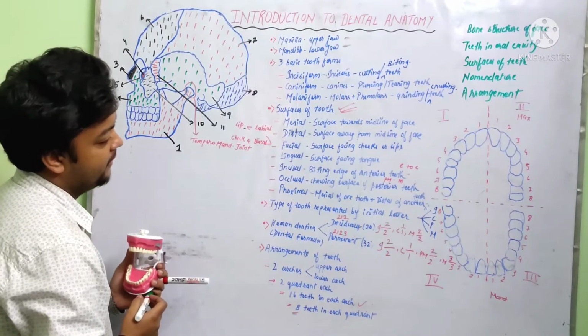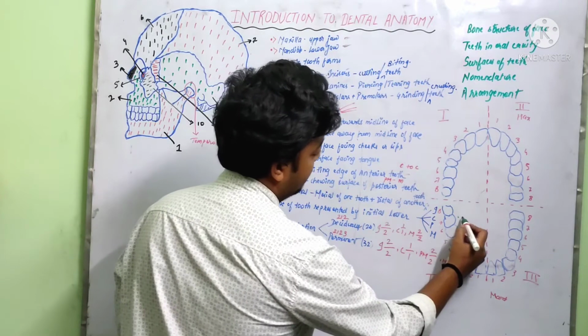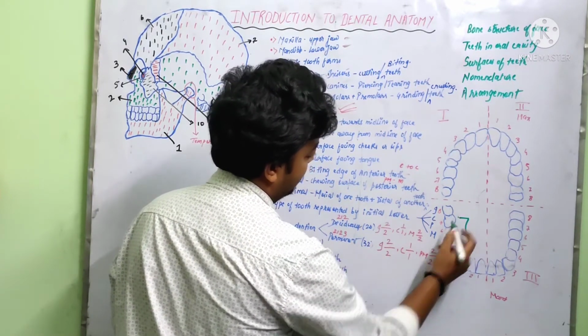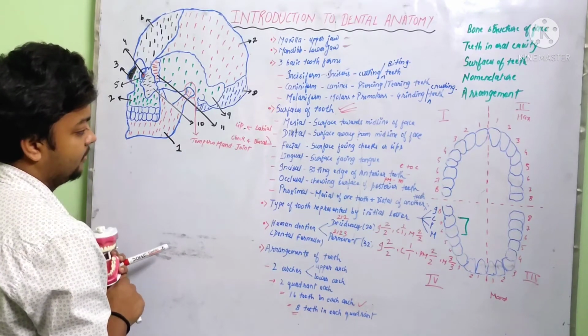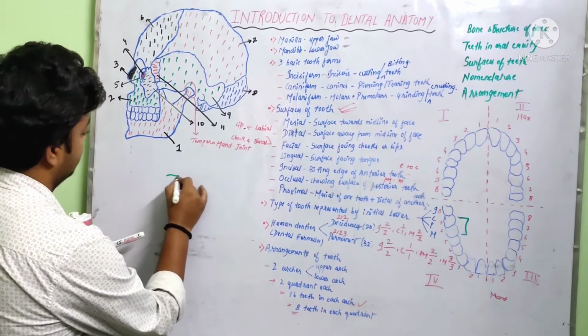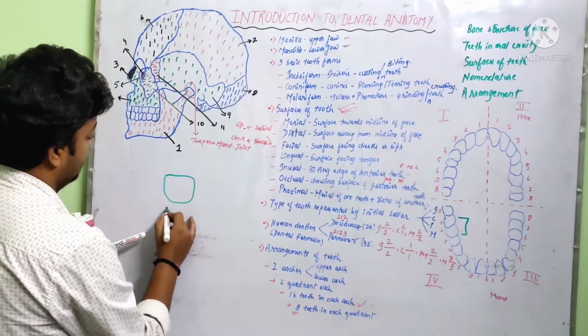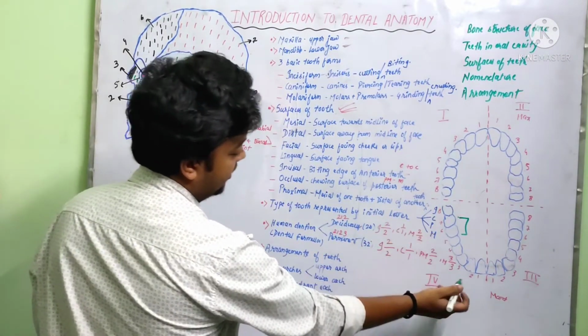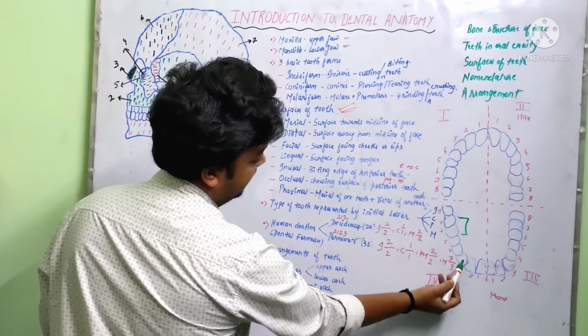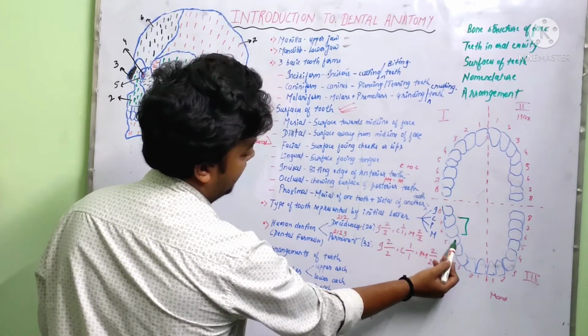So guys, let us try to magnify this tooth, that is your first molar and the second molar. It appears to be somewhat like this. As you can see, this is the central, lateral, then canine, first premolar, second premolar, and we have the first molar.